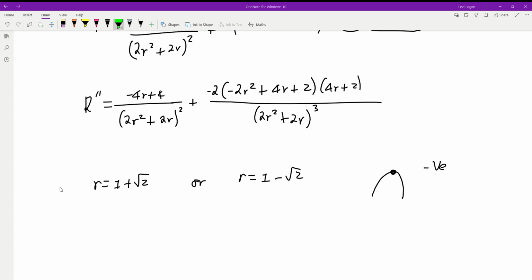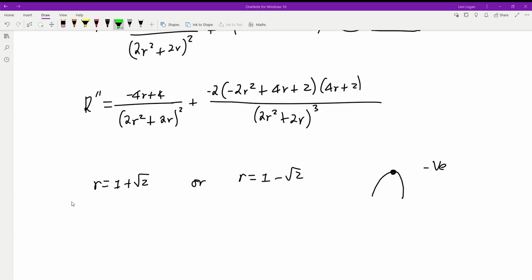So minus 4x plus 4, on 2x squared plus 2x all squared, plus bracket negative 2x squared plus 4x plus 2 bracket, 4x plus 2 bracket on all this cubed.